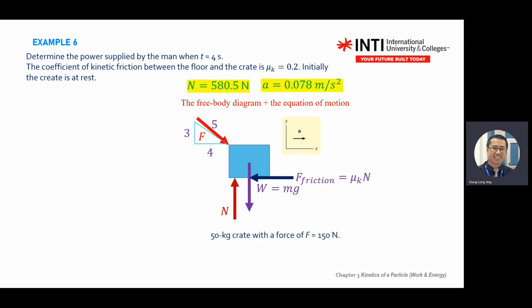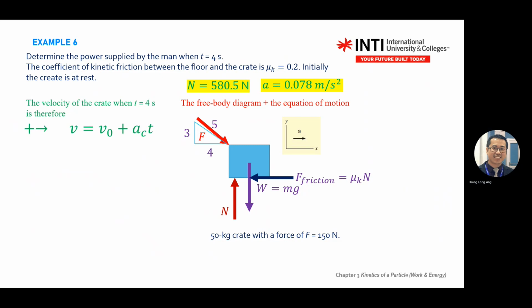So you have your normal force and acceleration now already. In this case, because your acceleration is constant, you can use the motion equation. In this case, we use v equal to v naught plus at. Initial is 0, we want to find the velocity at the end of the action.